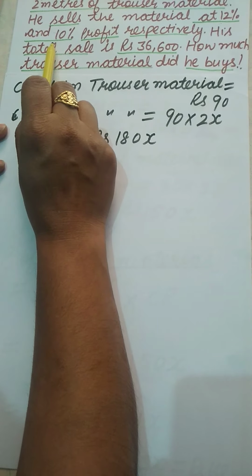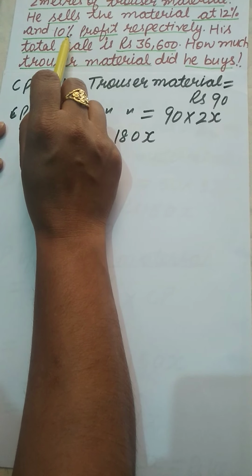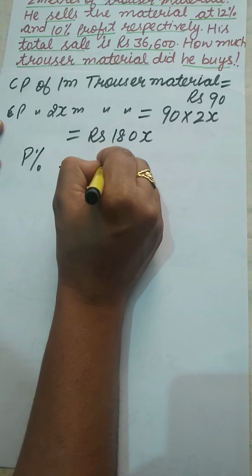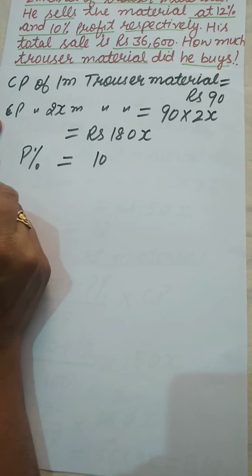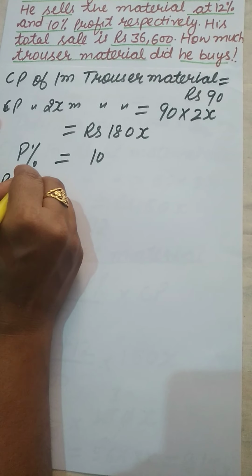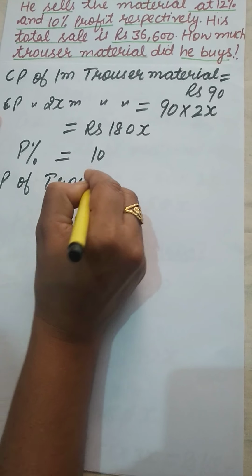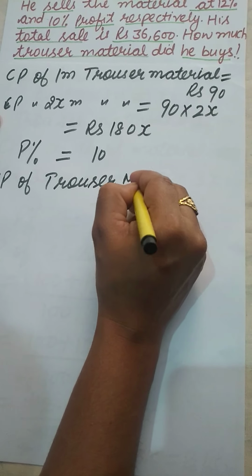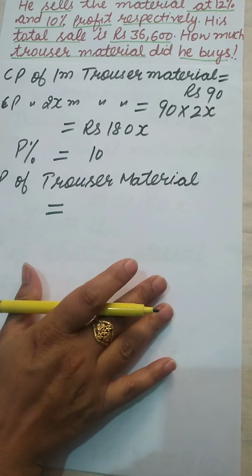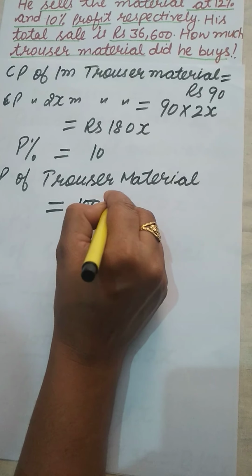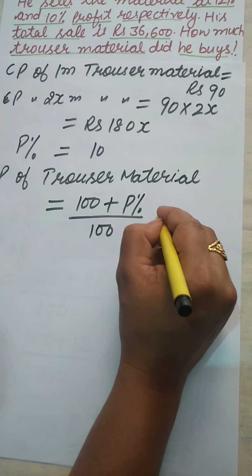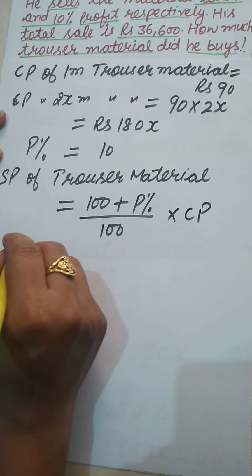Also the profit percent on trouser material is given to be 10%. So again we will calculate the selling price of trouser material, which is equal to 100 plus profit percent divided by 100 multiplied by cost price.